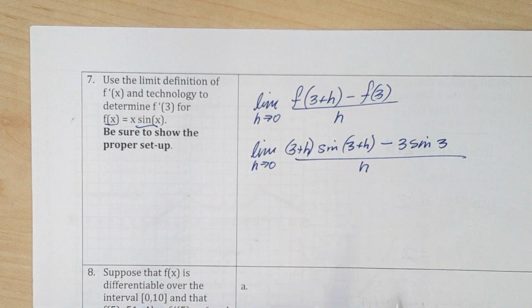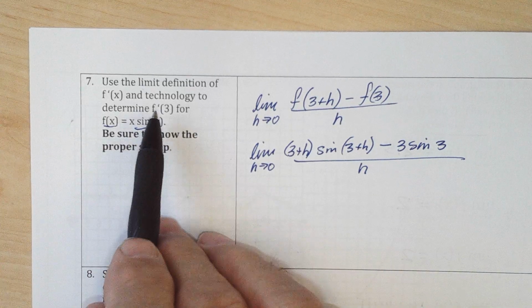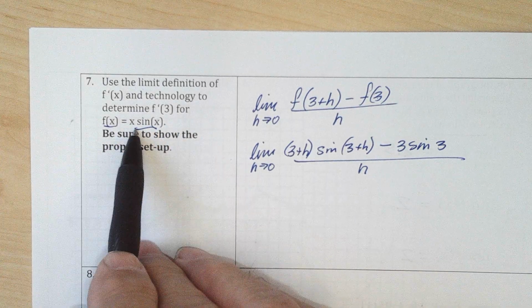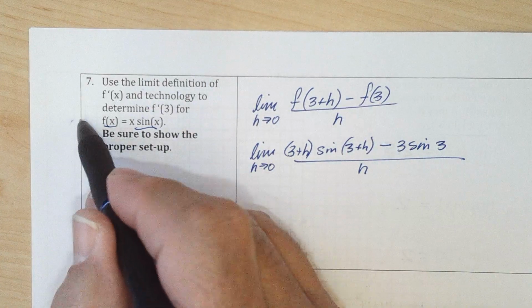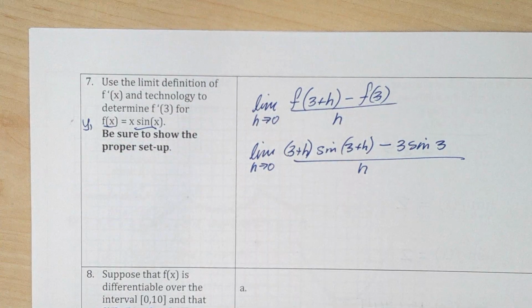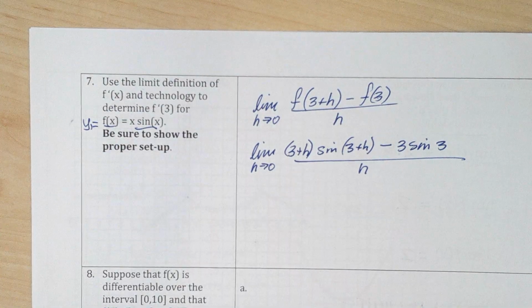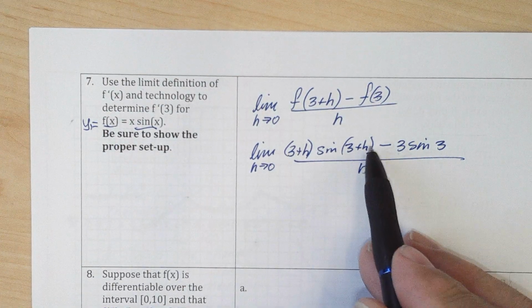So you can type this in, or you can type this into Desmos or y1 on the calculator, and then make h get close to 0.